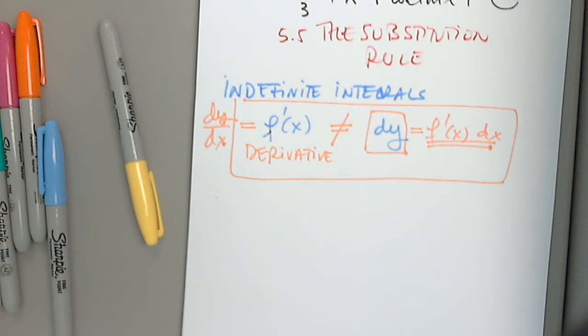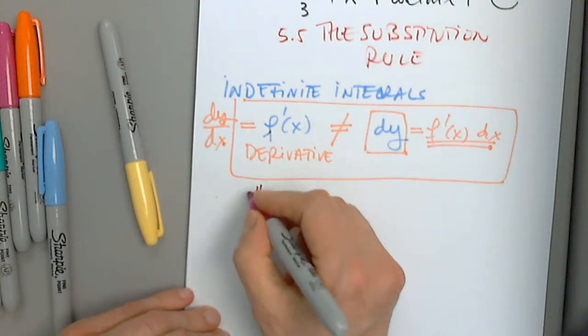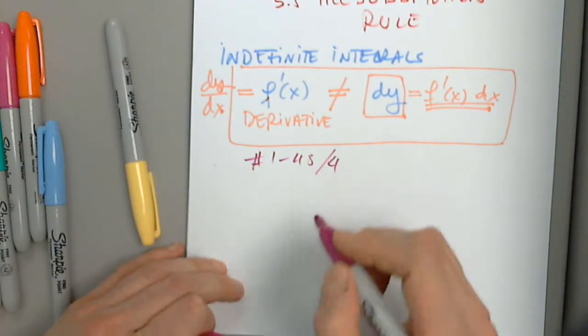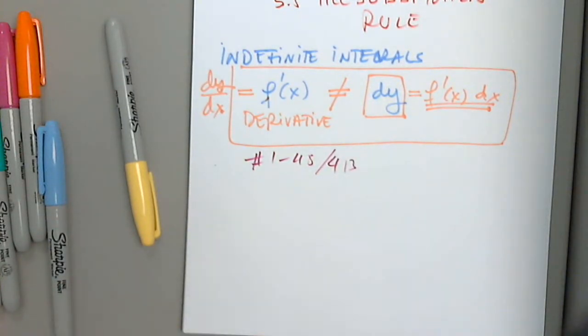Okay, let's say on page 413, I would like you to choose anything you want from 1 through 48. If not, I will. So we start on page 413. Number 2. Evaluate the integral by making the given substitution.